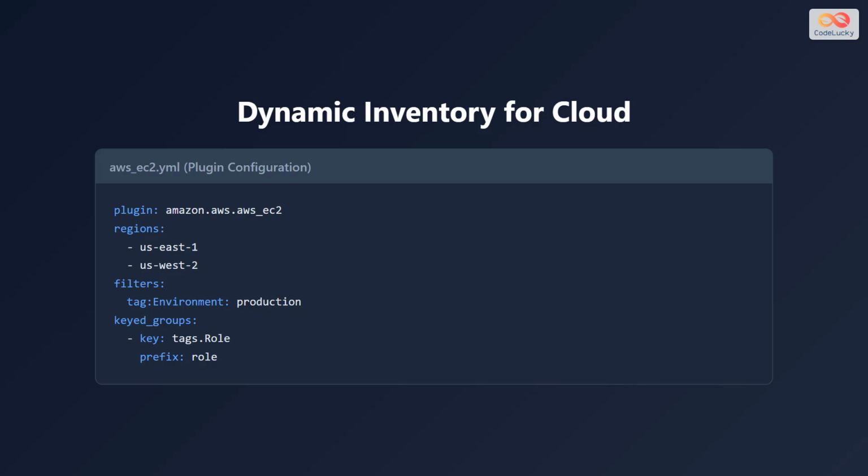We specify which regions to query, in this case, us-east-1 and us-west-2. The filters section lets you limit which instances to include based on tags. Here we're only including instances tagged with environment: production. Finally, keyed_groups automatically organizes instances into groups based on their tags, making it easy to target specific sets of machines in your playbooks.